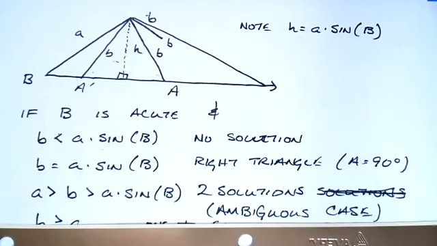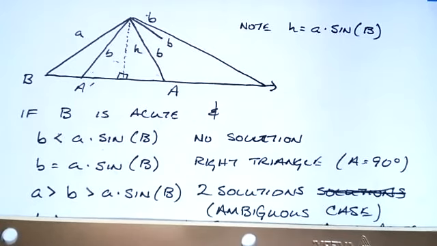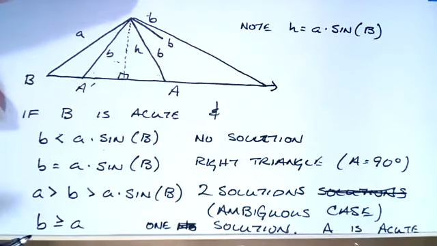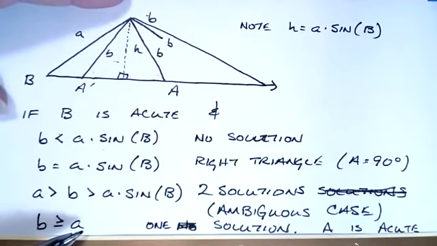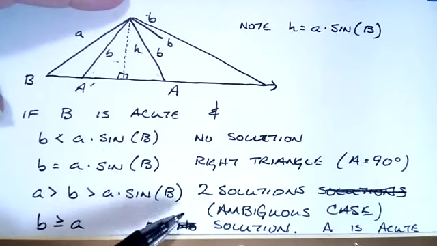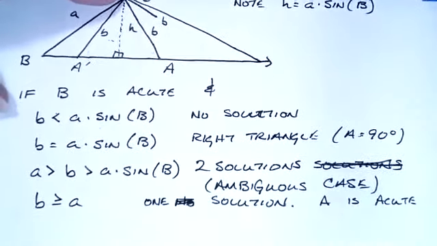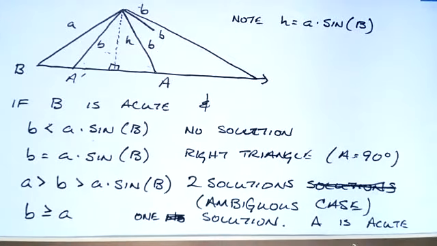You do use the law of sines to solve this problem, but you have to recognize that there are two possible solutions. And finally, if B is greater than or equal to A, then there is exactly one solution and angle A is acute. That is the basic criterion for these.